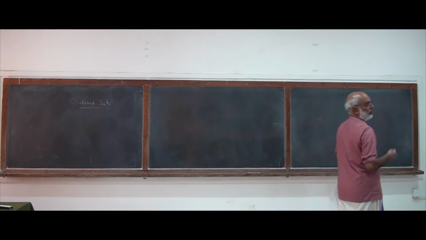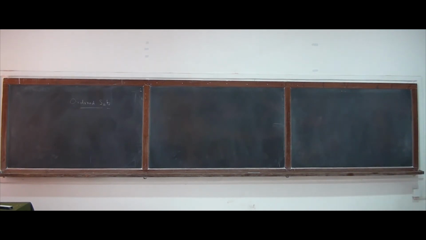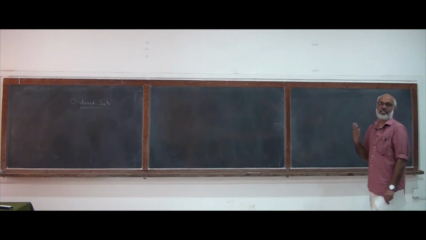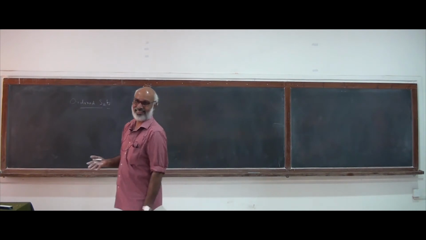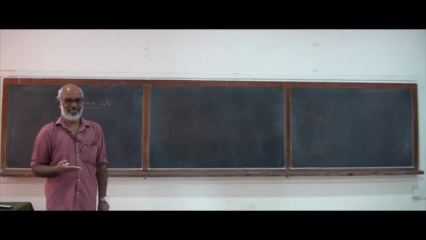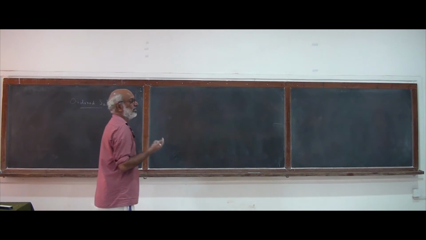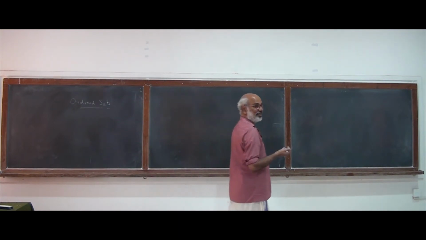But most of the time we will be interested in sets with some structure. A set with some structure is called a space, or abstract space. And what is meant by a structure?